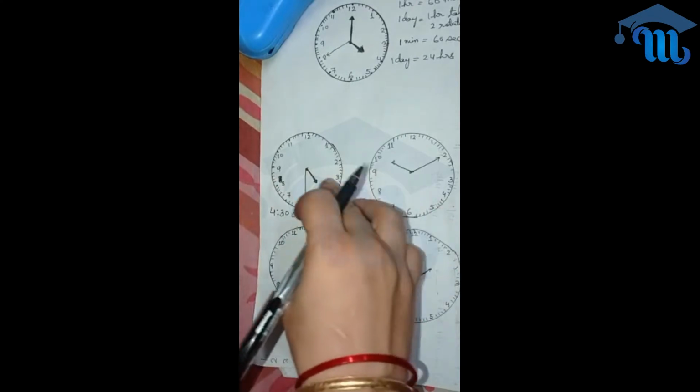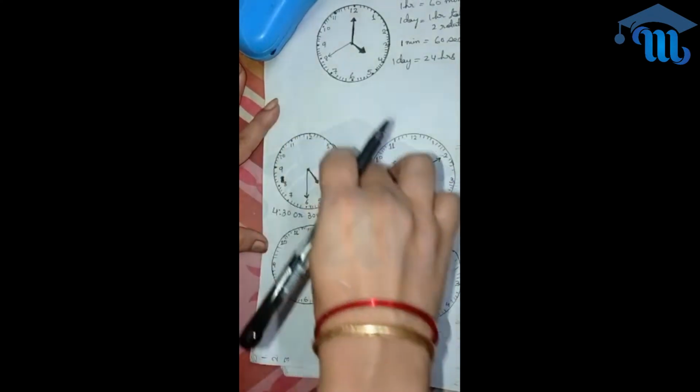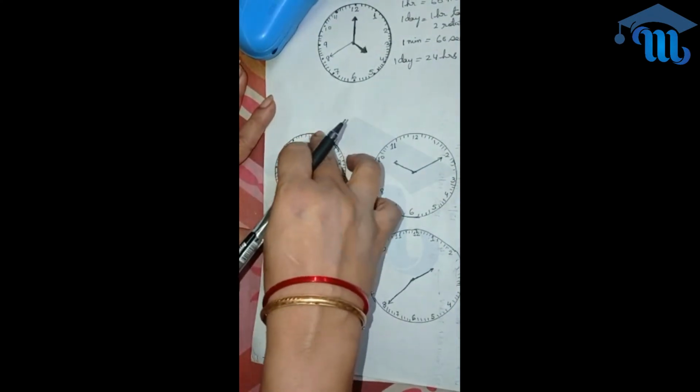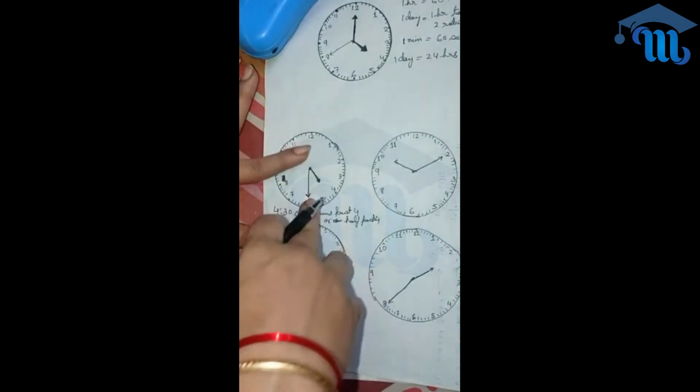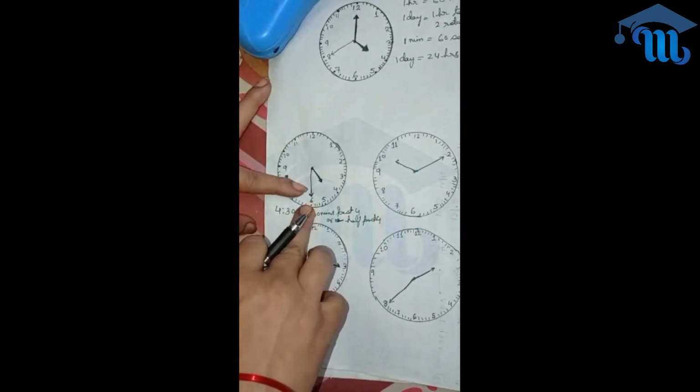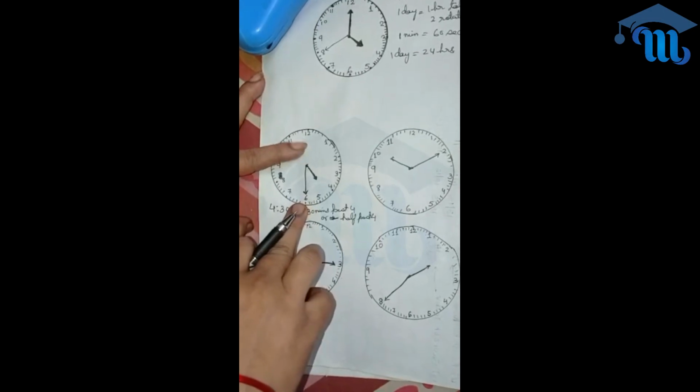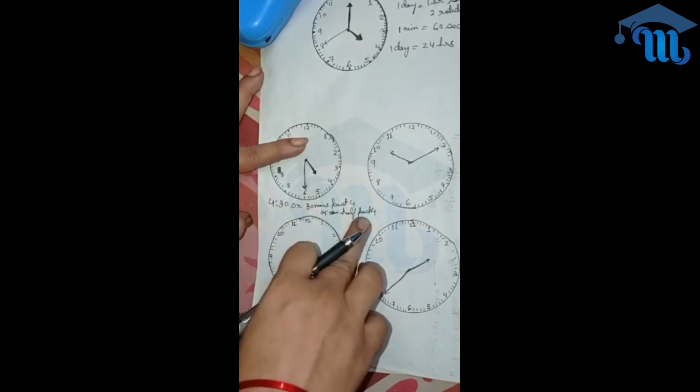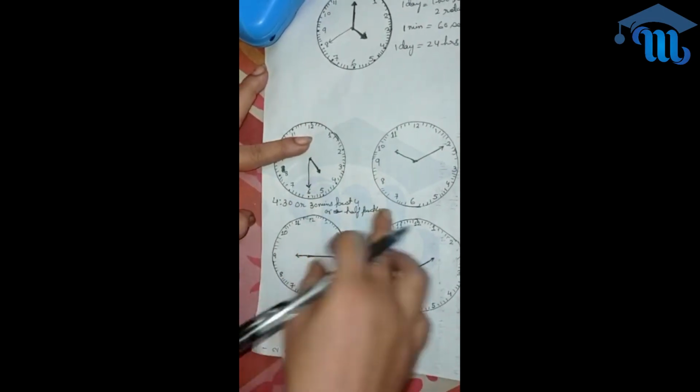Because when the minute hand goes up to 12, it completes 1 hour, and since 6 is half of 12, it is half of the hour. So half past 4.